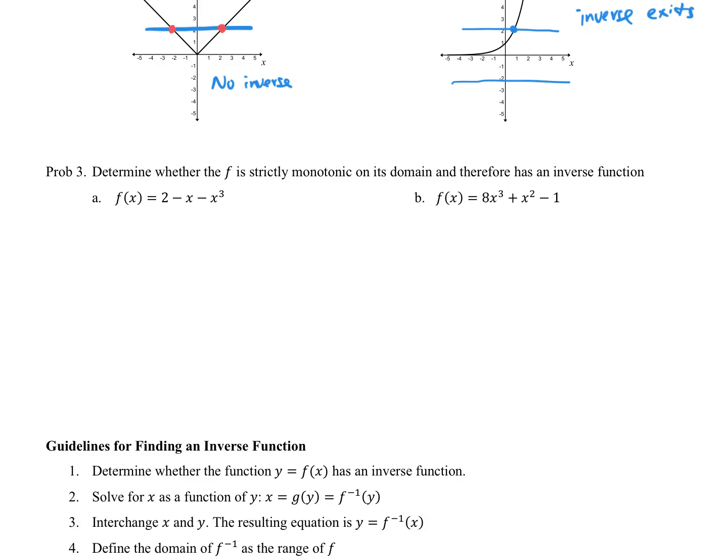And it should look something like this. Well, this is a rough graph. By no means is it accurate. I just want to share the shape. And here the y-intercept is 2 and the x-intercept is 1.